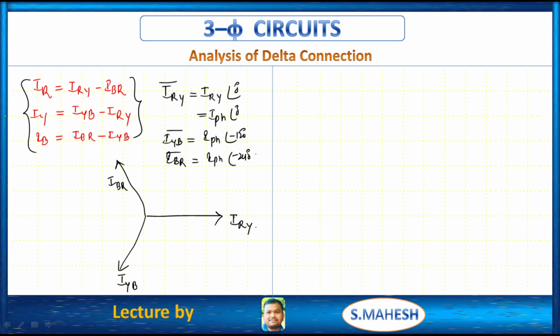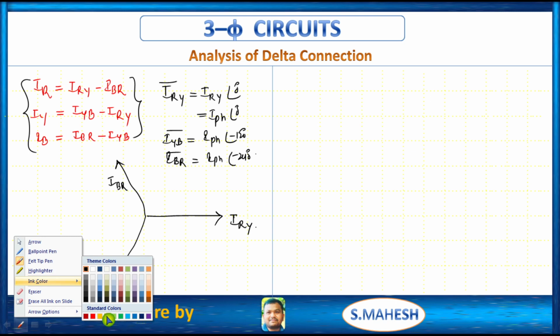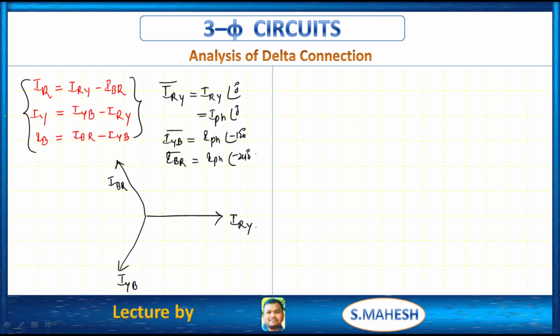See, to get line current IR, IRY minus IBR. So we have positive IRY, but we don't have negative. So for that, let us take negative. This is negative IRY minus IRY, like that. This is what? Minus IBR, like that. This is minus IYB. Clear?